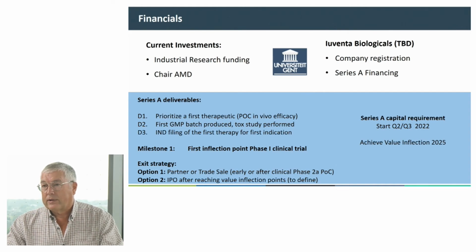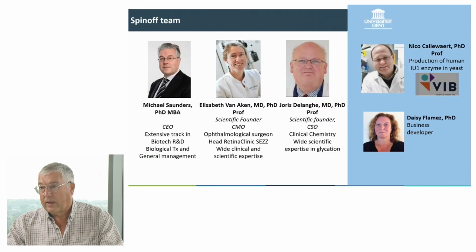The deliverables are firstly to prioritize a first therapeutic, secondly to generate a GMP batch and perform tox study, and then file an IND on the first indication for the first therapy. And the first milestone, the first inflection point, will be the completion of phase 1 clinical trial. Exit strategy will be a partner or a trade sale or an IPO after reaching the value inflection point.